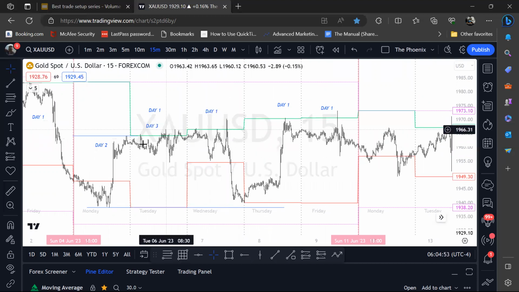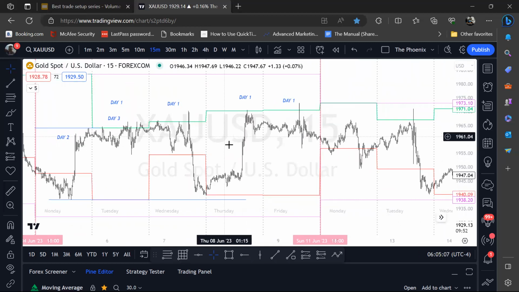But if we're using just the highs and lows of the day and even just trading the false breaks on each day, where it breaks the high of the week and then comes back into the range, that would still have been a valid trade. So it depends on how you view the charts when you're sitting there in real time to see what's happening as it presents itself, and making the right decisions at the charts.